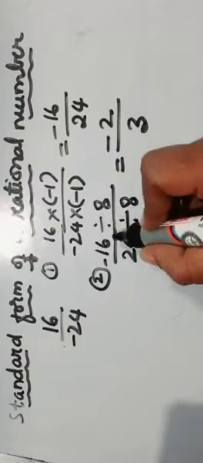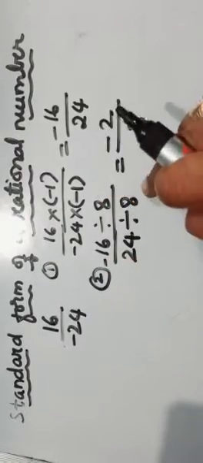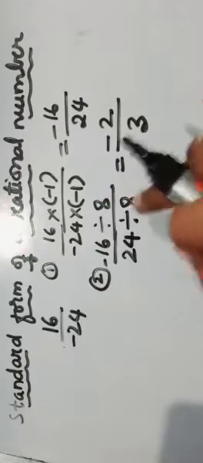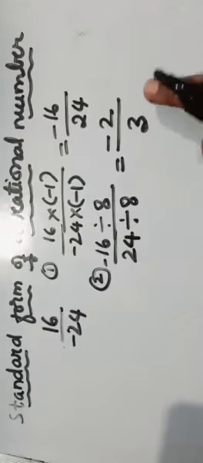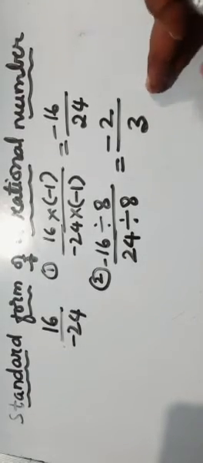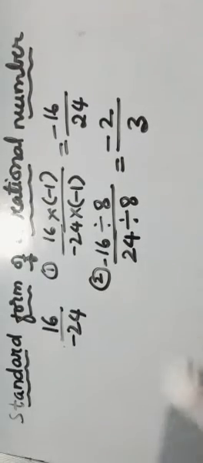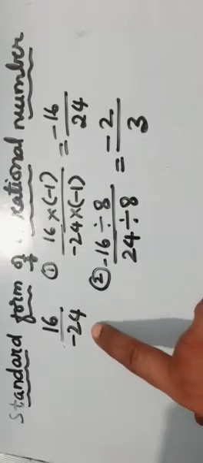We are going to cancel minus 16 by 24 with the common divisor 8. So that we get minus 2 by 3, which is in the simplest form. So these are the two steps to convert any given rational number into standard form. So minus 2 by 3 is the standard form for 16 by minus 24.